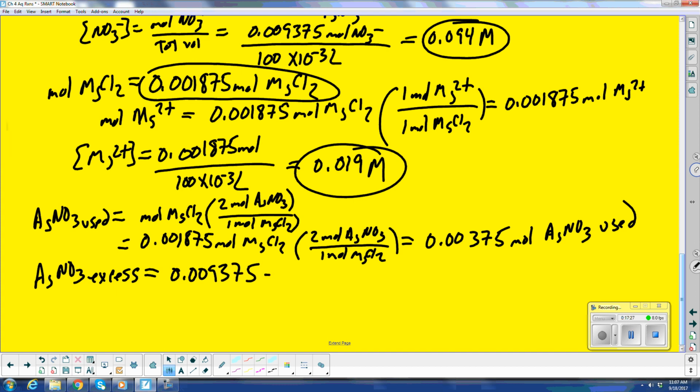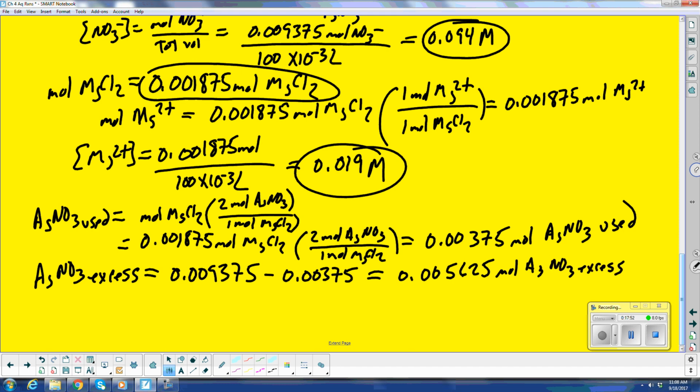That's my original. How much was used? 0.00375. So what do I have left? How about 0.005625 moles of AgNO3 excess?